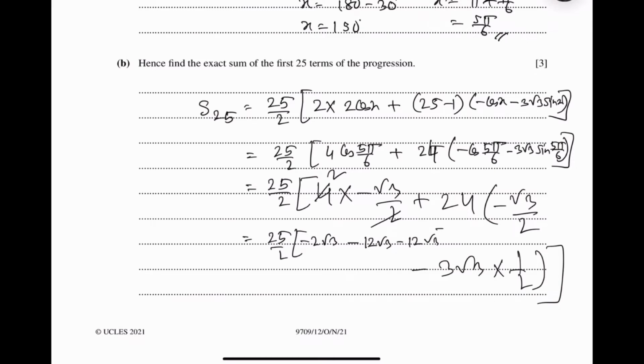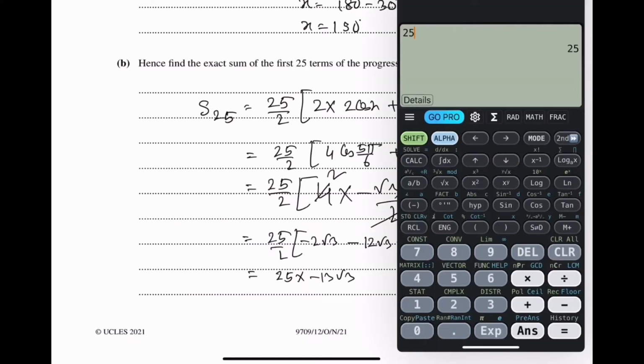So 12 plus 12 is 24, 26, that is 25 into minus 13 root 3. Now if we multiply 25 into 13, it is 325.